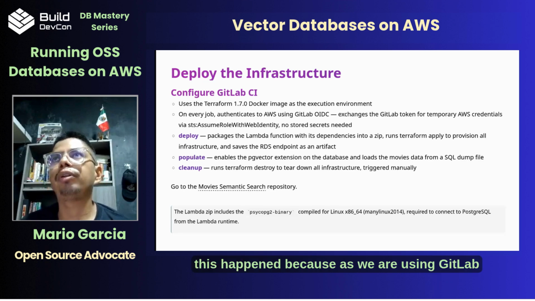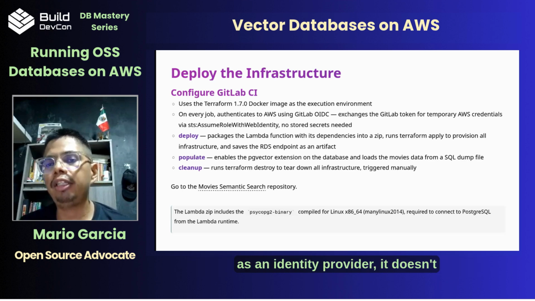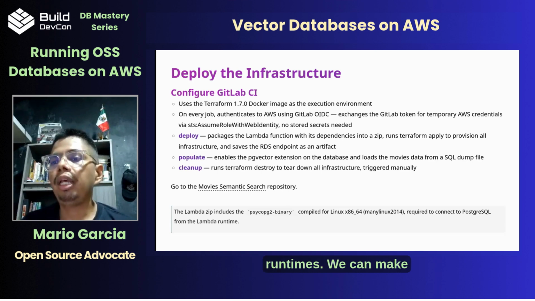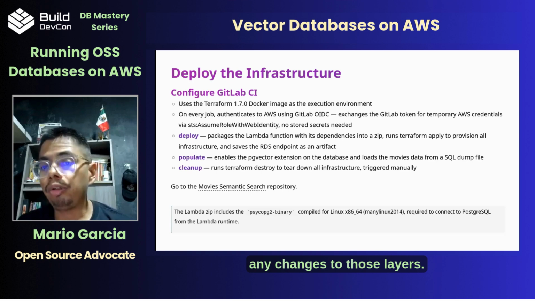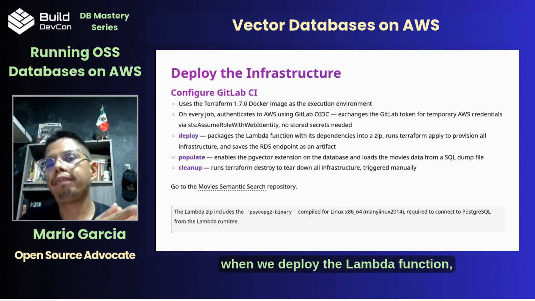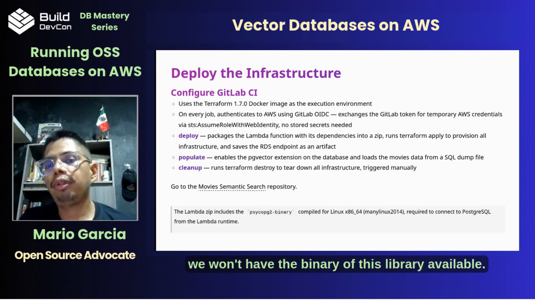Well, this happened because as we are using GitLab as an identity provider, it doesn't have access to these public layers, so we can't use those Python runtimes. We can't make any changes to those layers, and when we deploy the Lambda function, we won't have the binary of this library available.